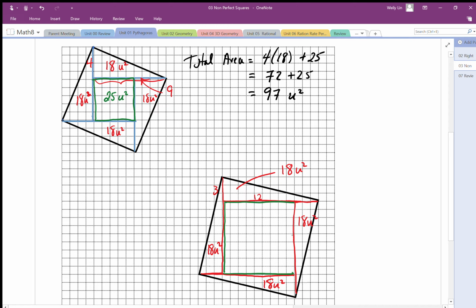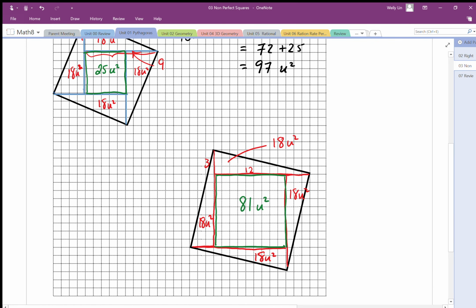Again, notice that the length of this square edge is really just going to be the long edge, 12, minus the short edge of 3. So it's the long minus the short. In this case, it's going to be 9 times 9, or 81 units squared.